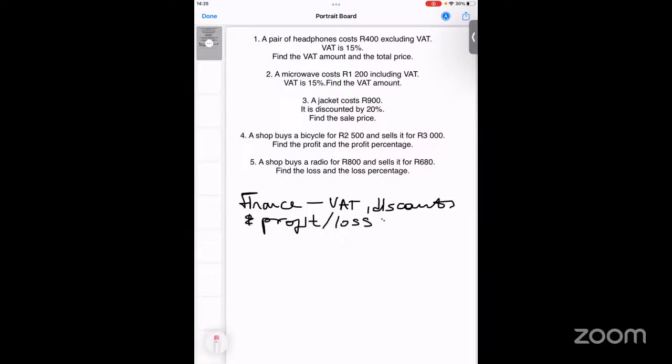Remember that first question where we made the calculations: you had 400 Rand, which was added by 15%, and then we ended up having a total of 460, whereby the VAT amount was 60 rands.